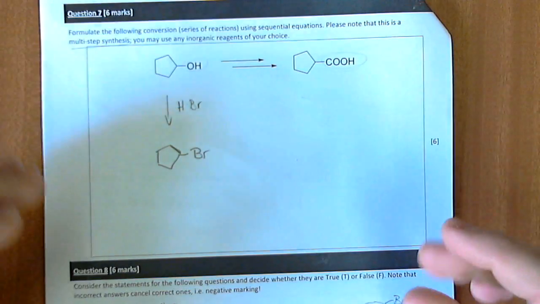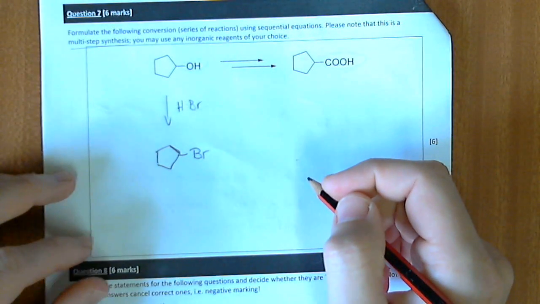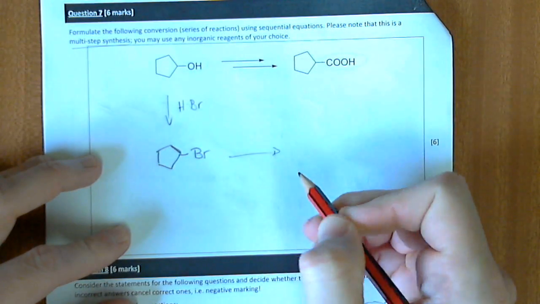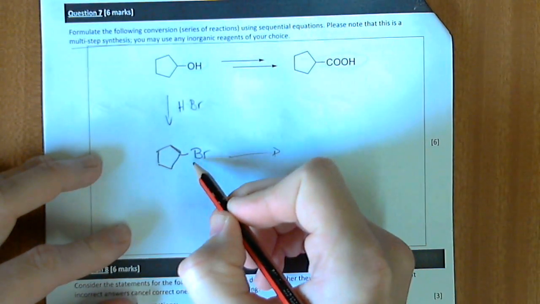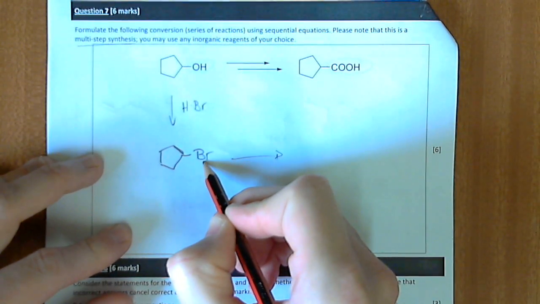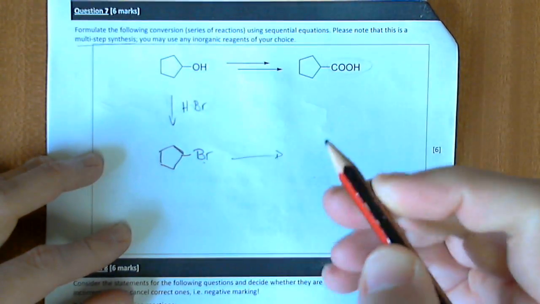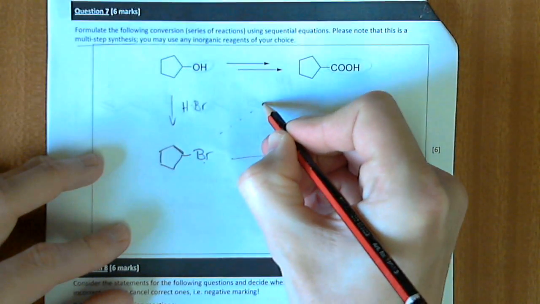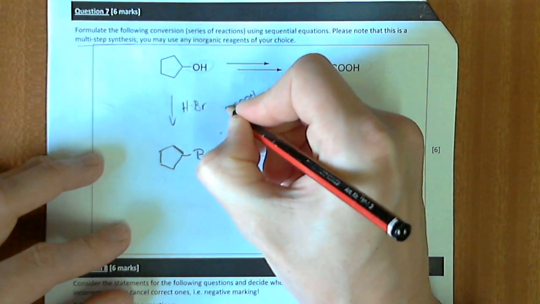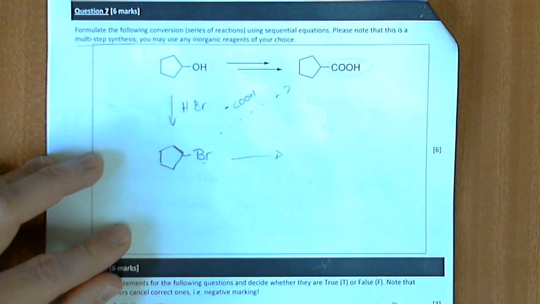You've got to think a bit more laterally, and you've got to think about all the different options. So making an OH into a good leaving group is a possibility. We do not have any reagent that can make this go and do a substitution reaction over there. To do that, if it were possible, would be to have a COO minus on the carbon over there.